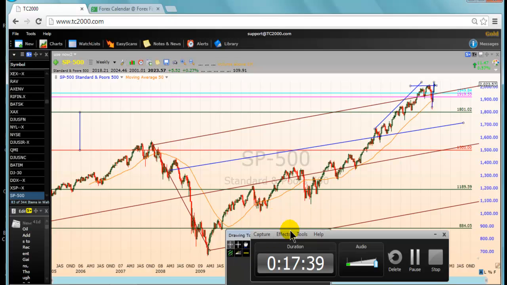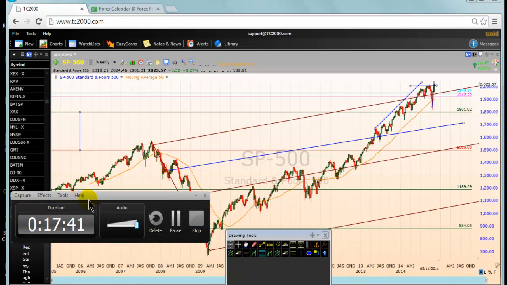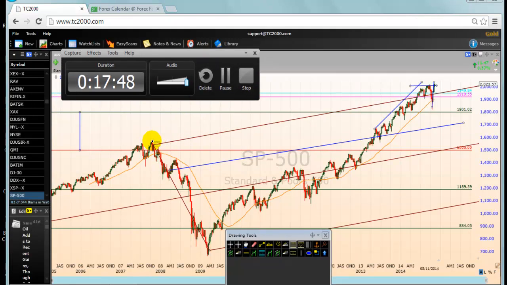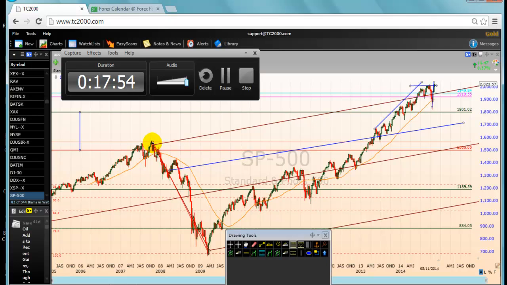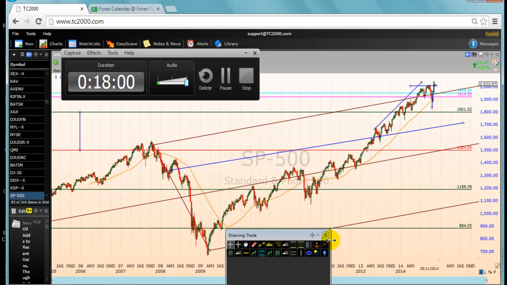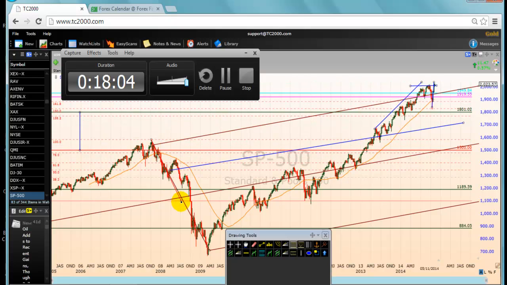I'm going to wrap it up soon, all right? So professionals will also use Fibonacci extension to determine hidden support and resistance levels.